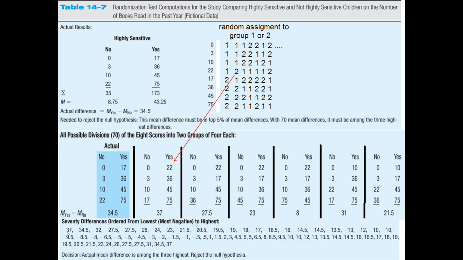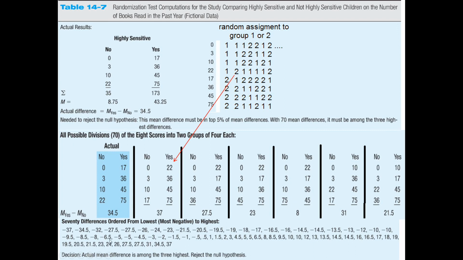So here are all the possible differences between those different random assignments of groups, and we can sort them from the smallest to the highest. And what we can see is that this original difference of 34.5 is the second highest difference.